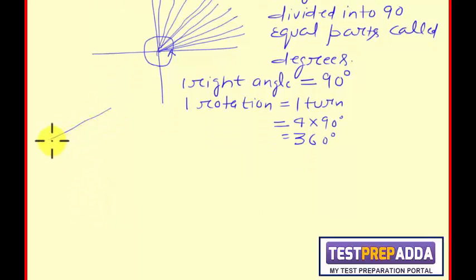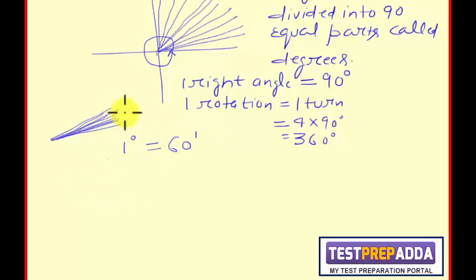This one part is further divided into 60 parts. 1 degree is divided into 60 parts called minutes. So 1 degree is 60 minutes.